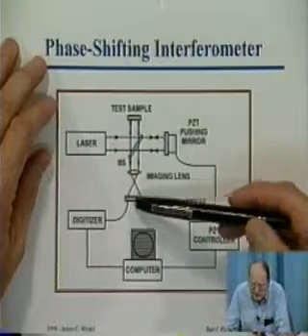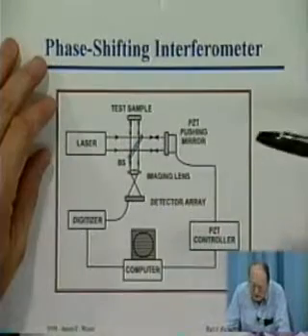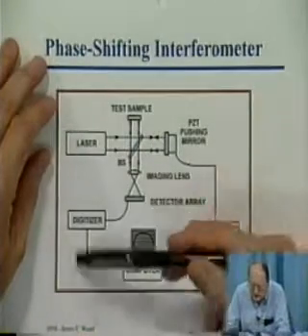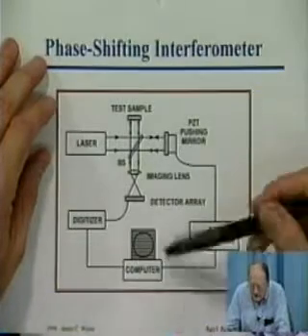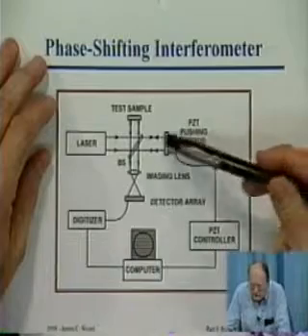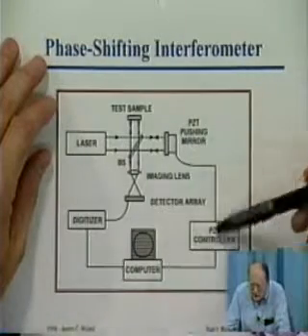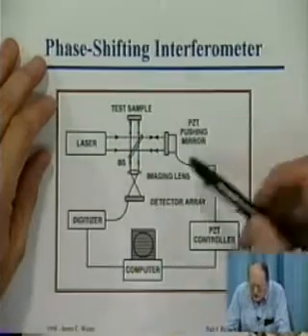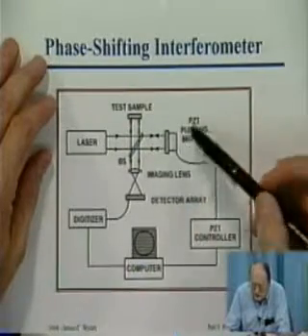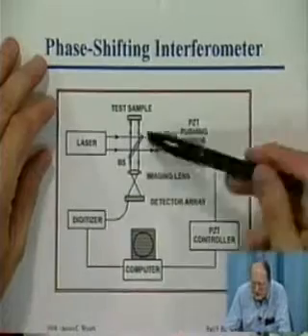And some way we're digitizing that with an A to D converter, getting that data into the computer. And the computer is controlling the phase shifting. So it's controlling some voltage going to this phase shifting mirror. And so it reads out the detector and moves the mirror along, normally at a constant rate.